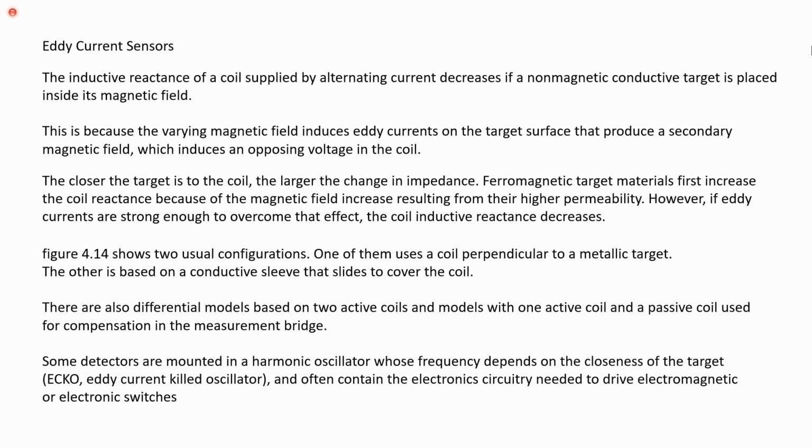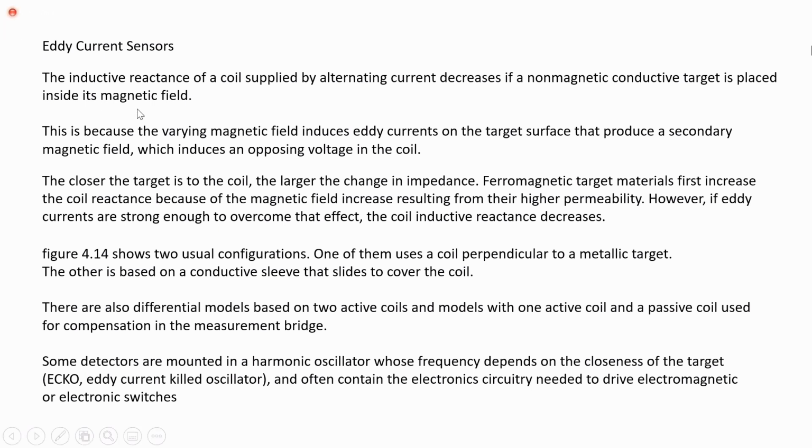Because of that, we will get some magnetic flux, and that magnetic flux will disturb the main magnetic flux, and because of this, we will get some current flow. So these currents are called eddy currents. We can use that eddy current effect to estimate some parameters. Those sensors are called eddy current sensors.